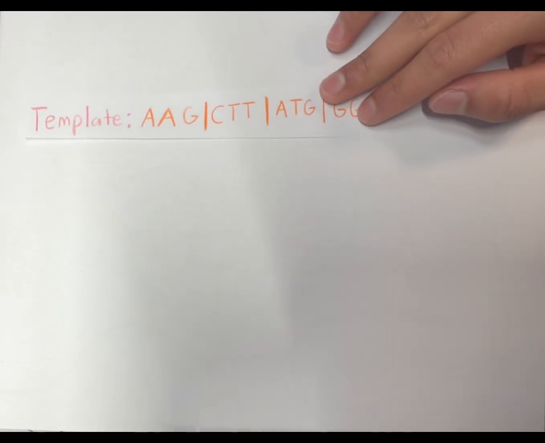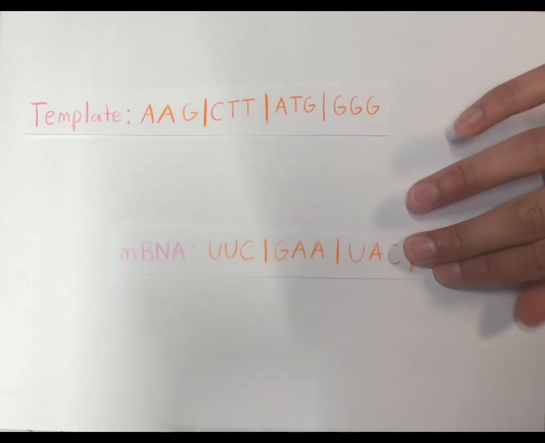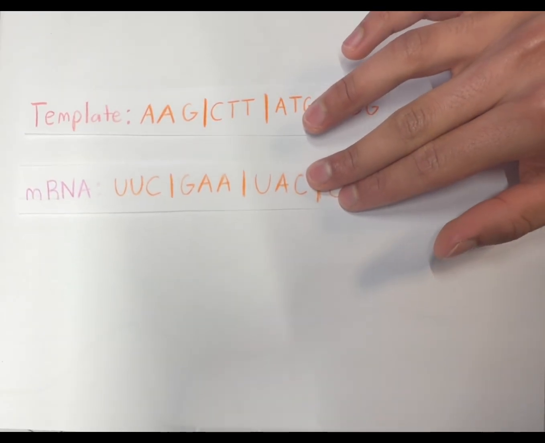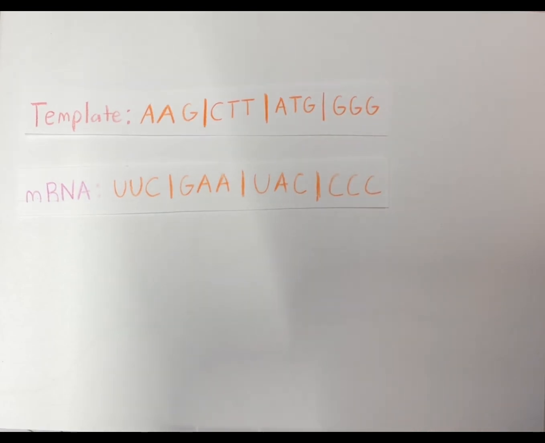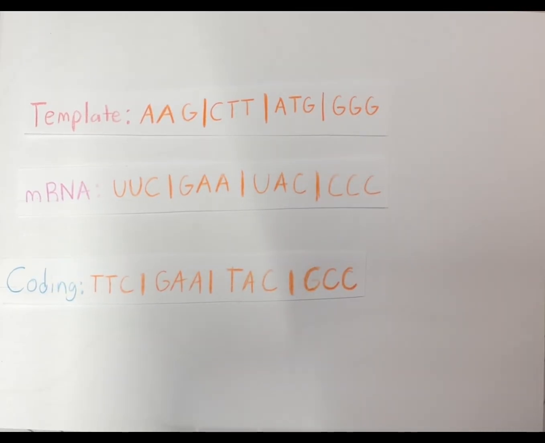For example, if our template strand had bases AAG, CTT, ATG, and GGG, our mRNA strand would have bases UUC, GAA, UAC, and CCC. This is the exact replica of our coding strand, replacing the T bases with U bases. This results in our mutated gene.